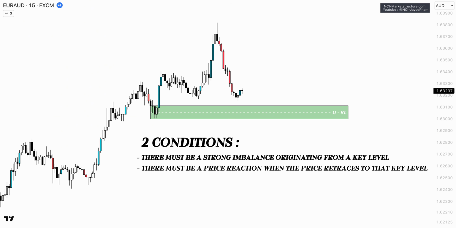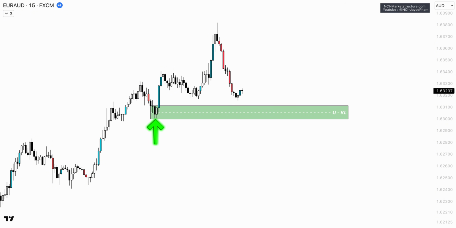Think of it like a vehicle. If it encounters a sufficiently strong obstacle, it is forced to slow down, otherwise it is likely to plow straight through it, right? Of course, there are other secondary factors involved in executing a perfect trade, and I will cover those in future videos. Here we have a key level that meets two conditions.